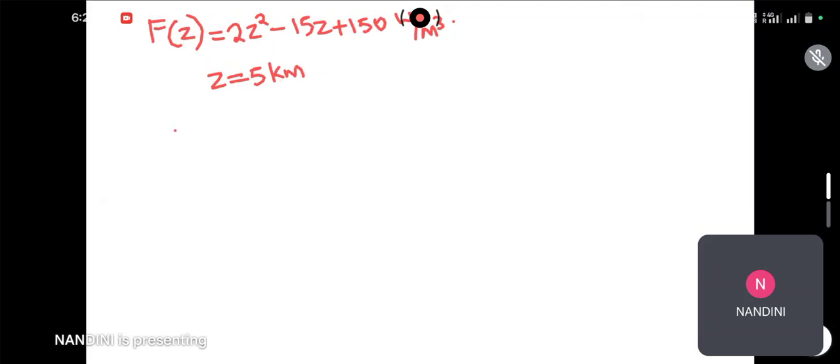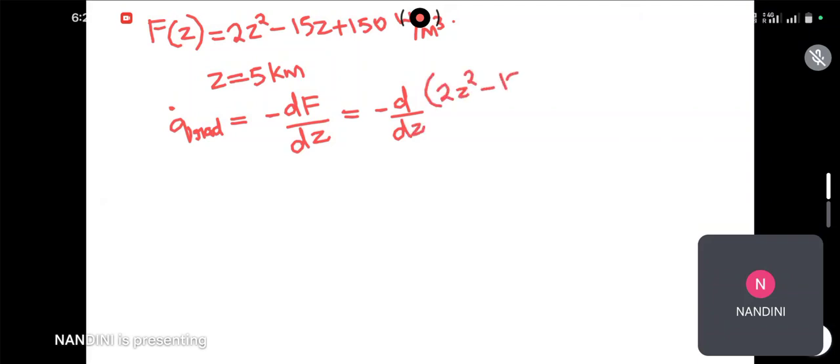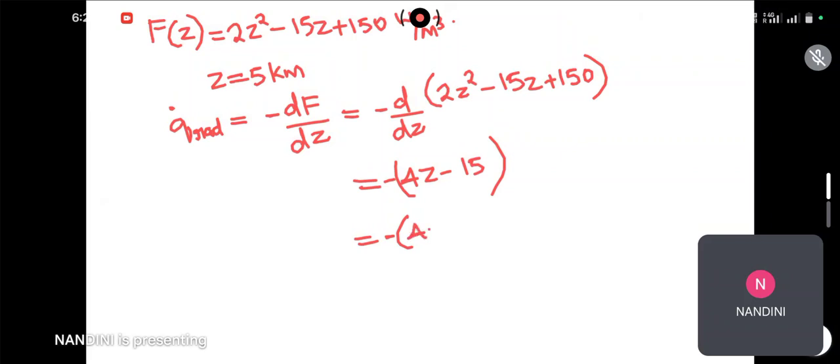So at z is equal to 5 kilometers, we need to find the heating rate, which is Q radiation. This is given by minus dF by dz, which is minus d by dz of 2z square minus 15z plus 150. If you find the differential, it will become minus of 4z minus 15, or minus of 4 into 5 minus 15.